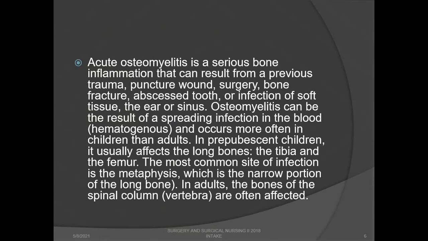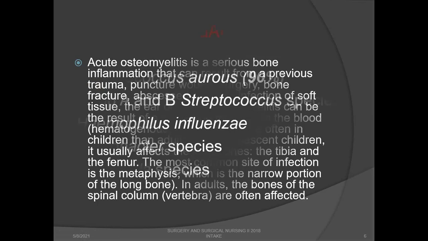So here they're just trying to tell us that osteomyelitis, the inflammation of the bone marrow, bone, and surrounding tissue, can come due to trauma, puncture wound, surgery, bone fracture, abscess tooth, or infection of soft tissue. Because when there is trauma, meaning there is an opening, infections can enter, and if they enter, they are transported through the bloodstream to the bones. Then if they reach the bones, that's when they start to infect the bone, causing somebody to have osteomyelitis.